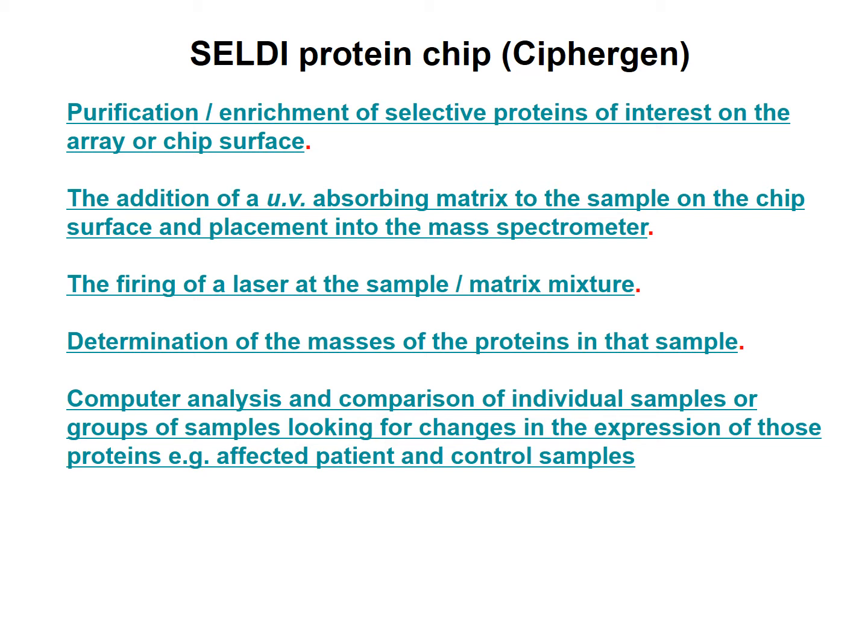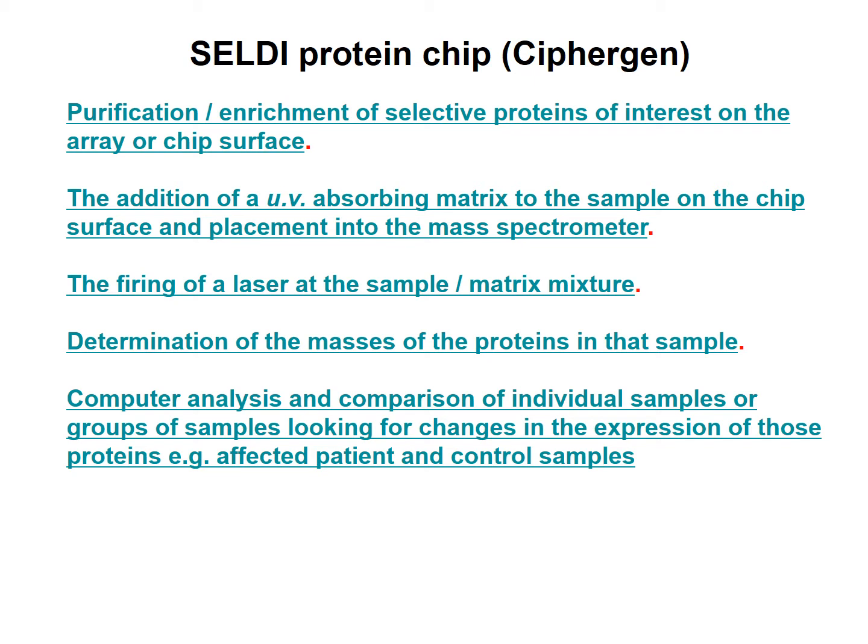It's not just a light, it's a laser, firing at the sample matrix mixture. And then the mass to charge of the proteins in that sample. And then you use computer analysis to look for differences, right? So like unaffected patients and affected patients, cancer, non-cancer, that kind of thing.